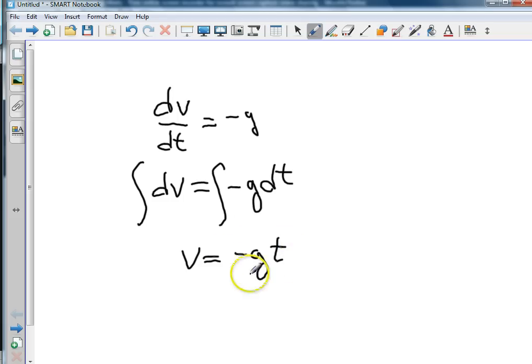Isn't the derivative of this negative g? Remember, I'm looking for an antiderivative. The derivative of the answer is what I started with. The derivative of negative gt is negative g, isn't it? If this said negative 2, you'd get negative 2t. Don't forget, there's a constant though. Now here, the constant is important. Okay?